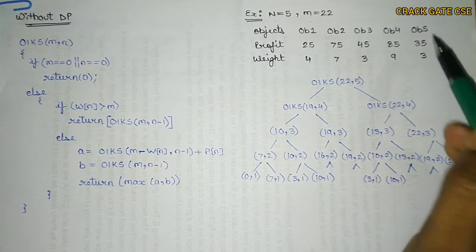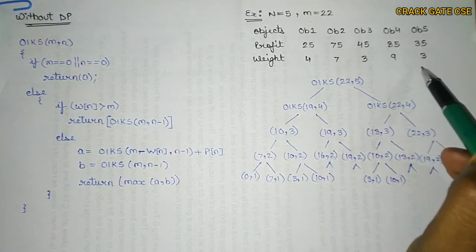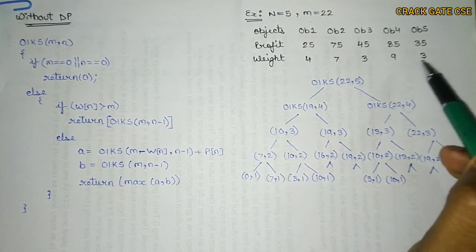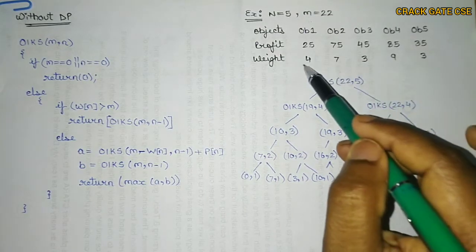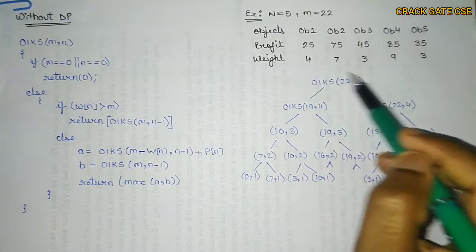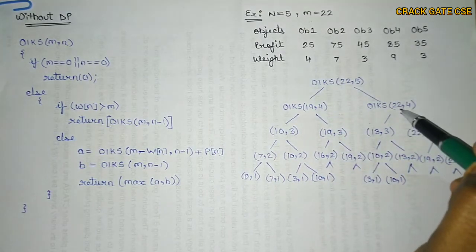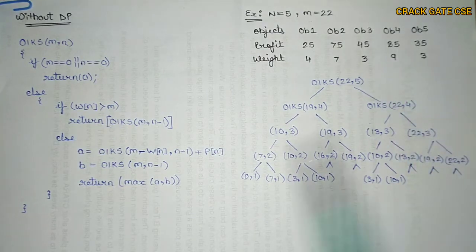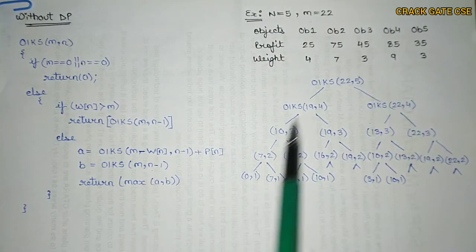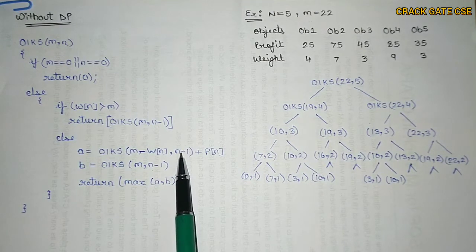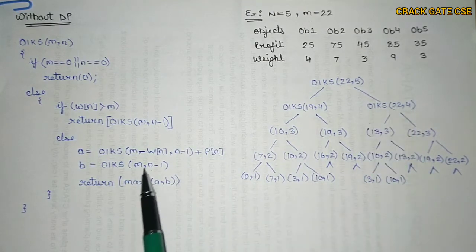Another possibility is I just ignore this particular object, because there may be a case that I get the best solution by considering these 4 objects only. So this is 22 and n minus 1, which is nothing but this. Here I used this particular case, and here I used this particular case.